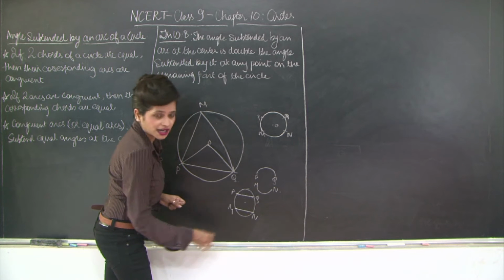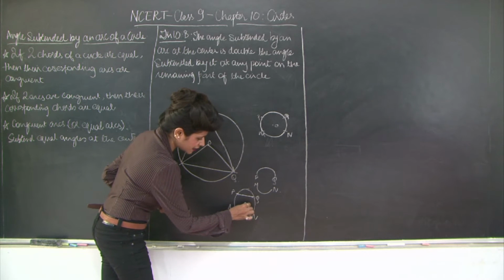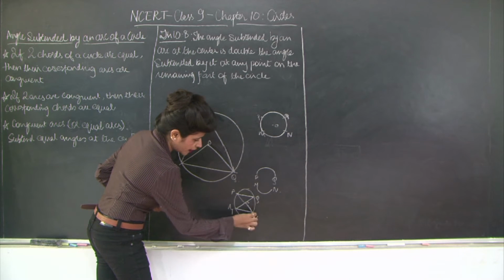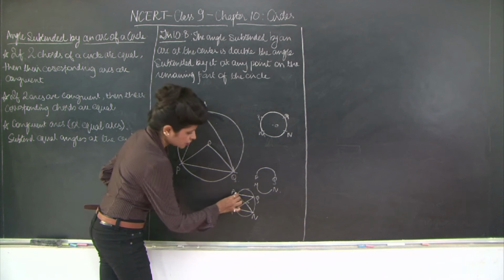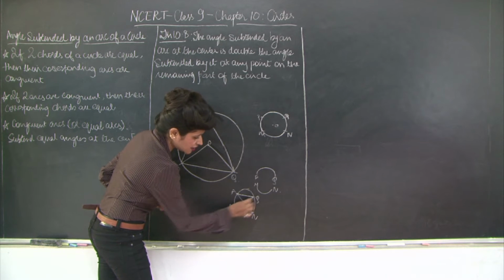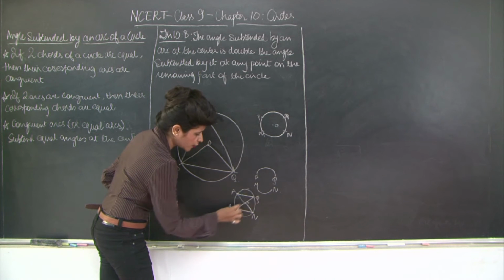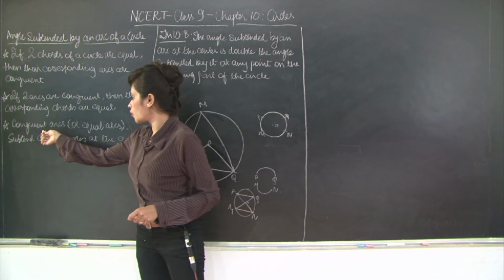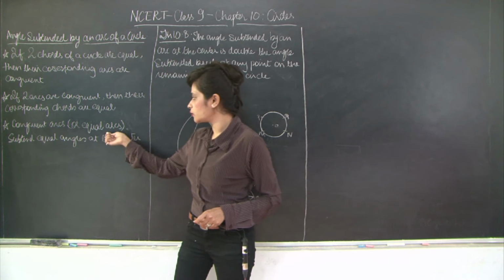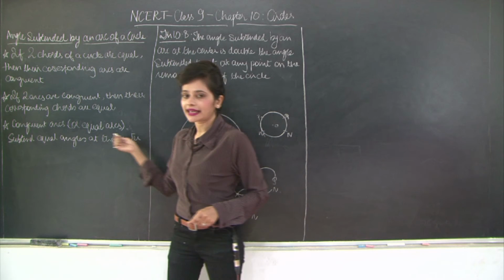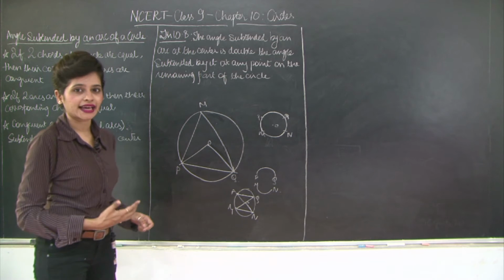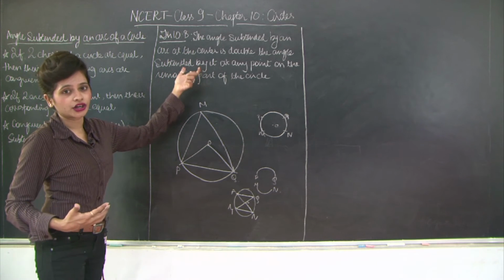Now these chords are subtending equal angles at the center, that is, MON is equal to POQ. So obviously these angles are also subtended by the congruent arcs PQ and MN. This justifies the point that congruent arcs or equal arcs subtend equal angles at the center. So we are just going to use these points and then we are going to prove Theorem 10.8.